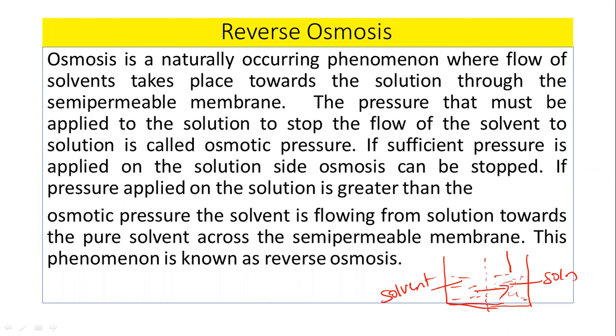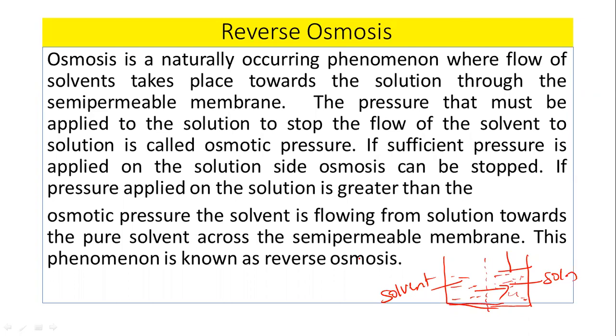Now if we apply external pressure onto this solution compartment, then the osmosis process can be stopped. Now we want to discuss reverse osmosis, opposite to that of osmosis. So you should be aware, in the osmosis process there is a flow of the solvent. Let us now discuss reverse osmosis.